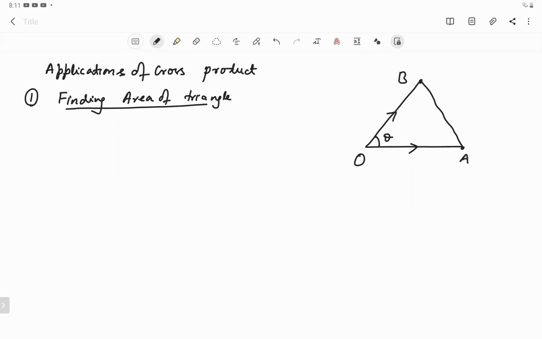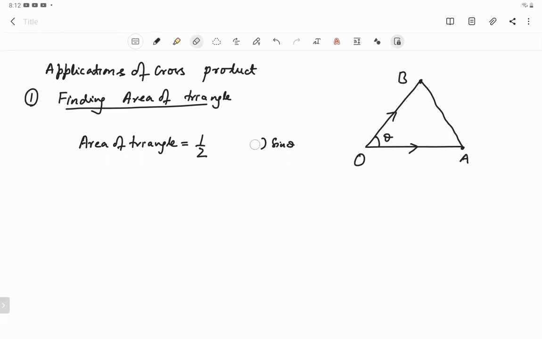Now we know from our knowledge of O-level trigonometry, high school knowledge, that the area of the triangle is equal to 1/2 into OA into OB sine theta.